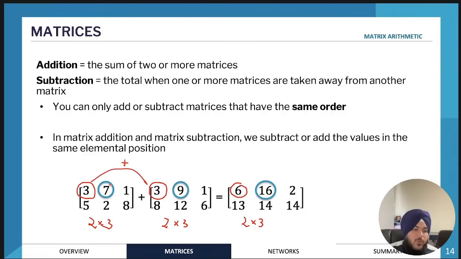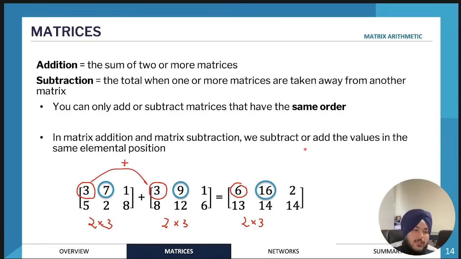Similarly, if we add the elements in the first row and second column, 7 in this matrix and 9 in this matrix, 7 plus 9 would equal 16, and that would be in the same position in the new matrix. So we're just adding the elements in the same position, and that becomes the position of the sum of the two numbers.